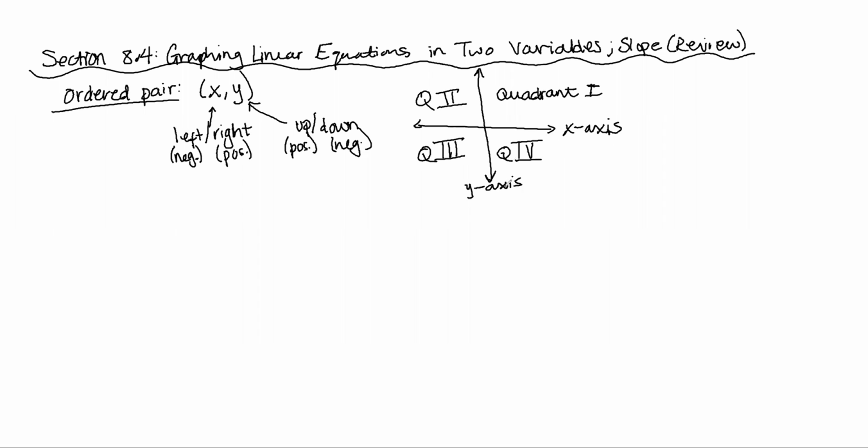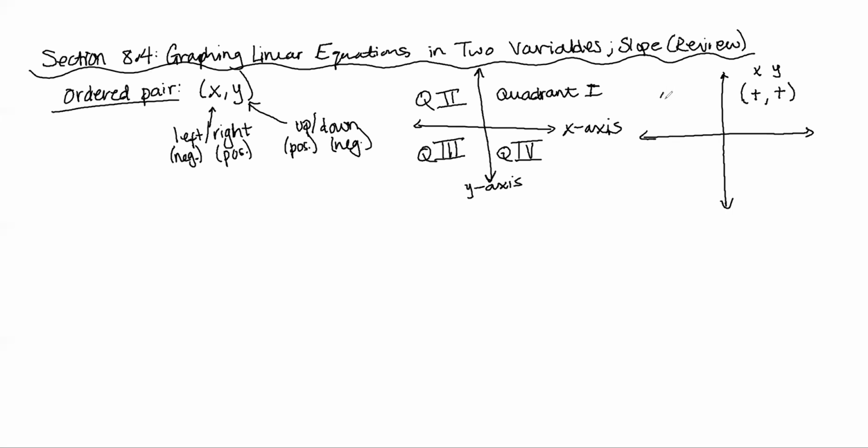And now let's look at the x and y values on the coordinate plane. I'm just going to draw another set of axes here since I didn't give myself enough room. If we are in this top right quadrant, with an ordered pair where the first coordinate is x and the second coordinate is y, is our x going to be positive or negative up here? Well, x is positive because from the origin we've gone to the right, and y is positive as well because we're up here.